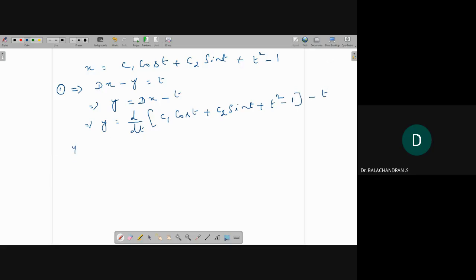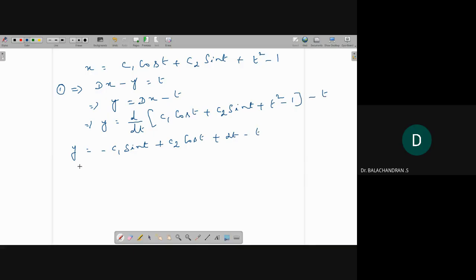So y equal to, if you differentiate, you will get minus c1 sin t plus c2 cos t plus 2t, and then minus t.